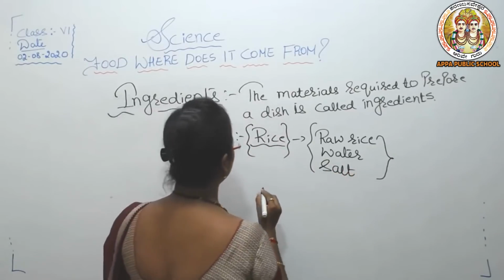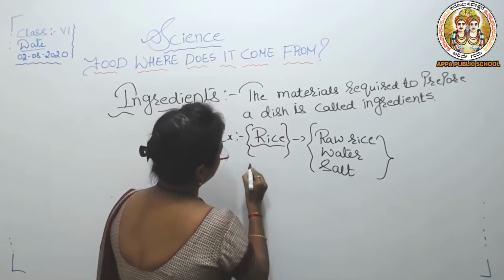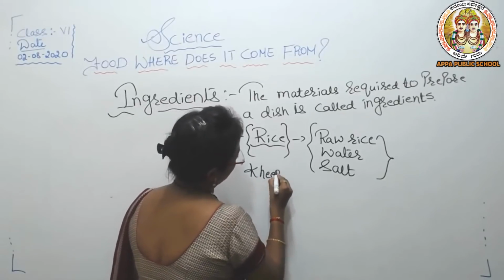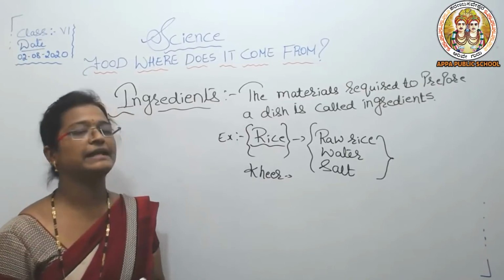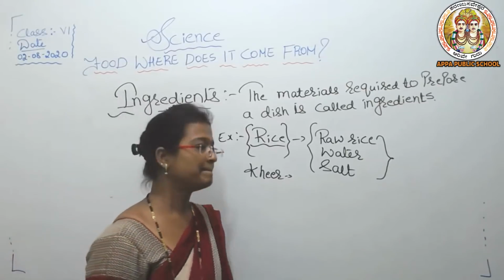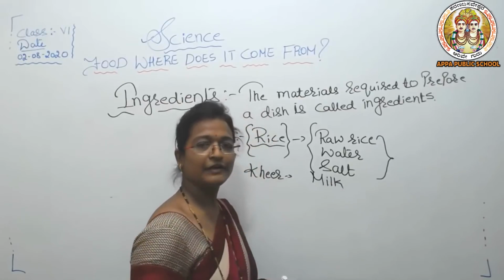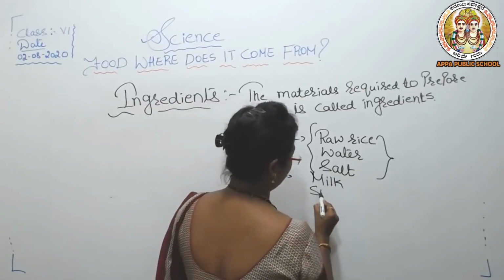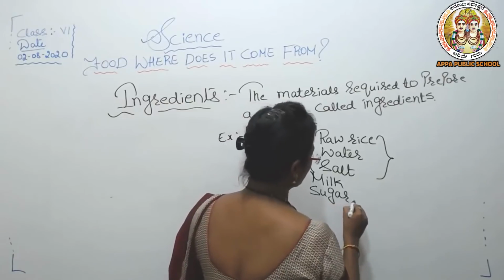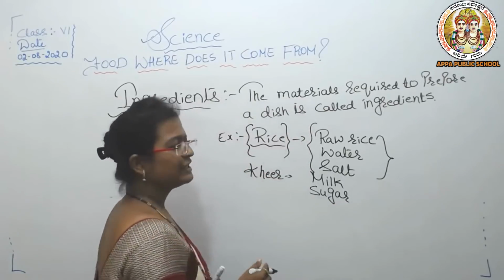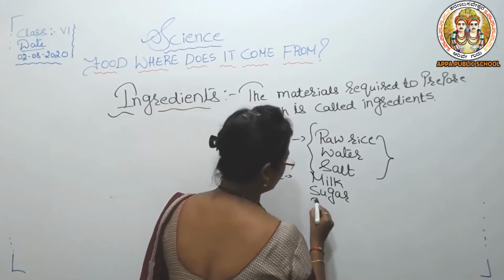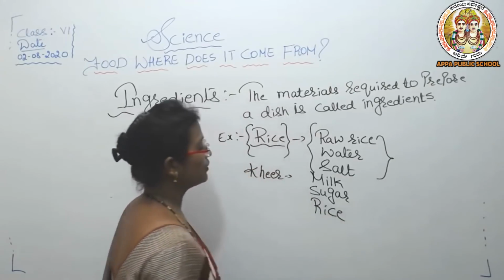One more example we will take. We will take kheer. To prepare kheer, what are the ingredients we need? We need milk, we need sugar, and we need small quantity of rice.